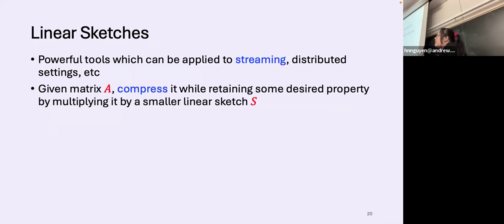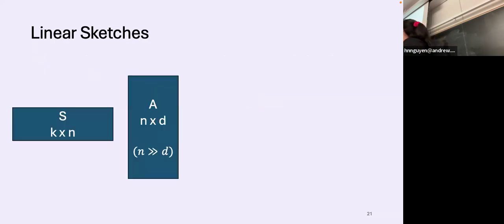The general idea is I'm given a big matrix A, and I want to compress it while still retaining some desired property or some sort of information. I'm going to do this by multiplying it by a smaller linear sketch S. So here I have A, an n by d matrix. In general, we're thinking of the case where n is much larger than d, so n is the dimension I want to suppress here.